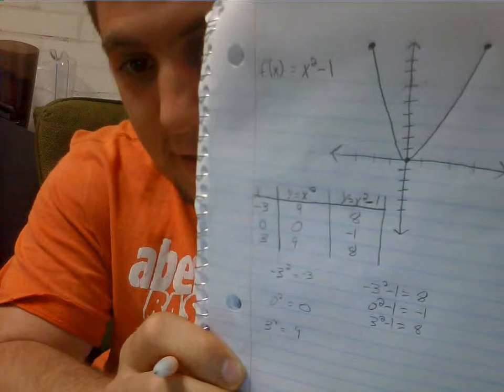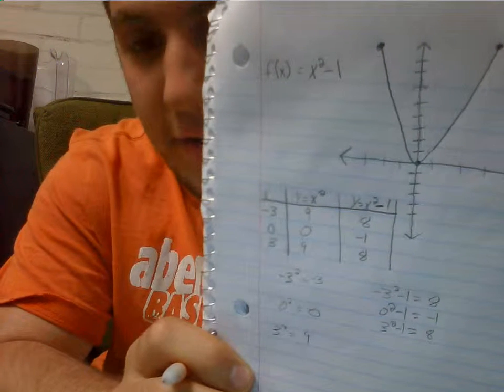And there's my table, and next I'll plot the points on my graph and show the shift.